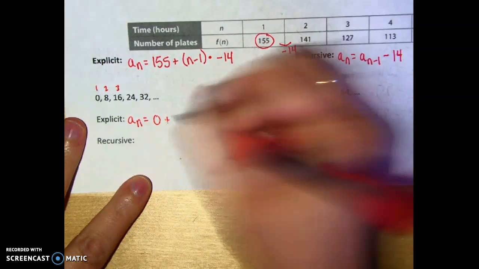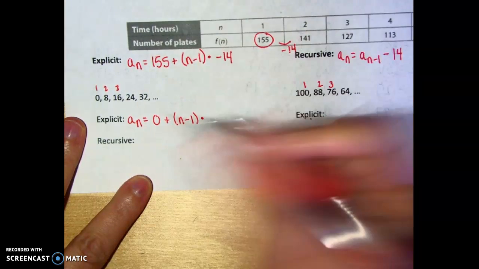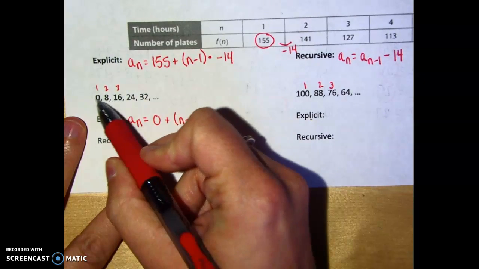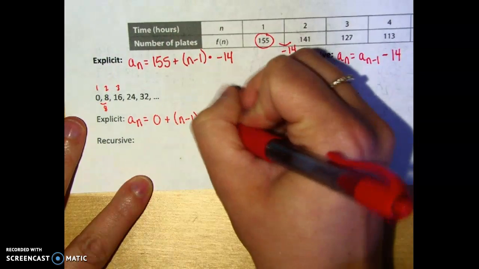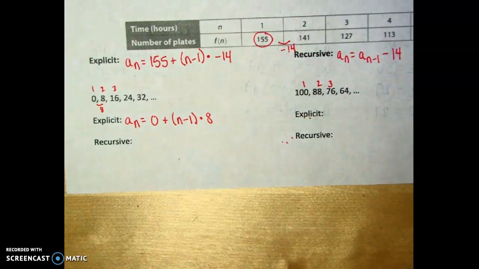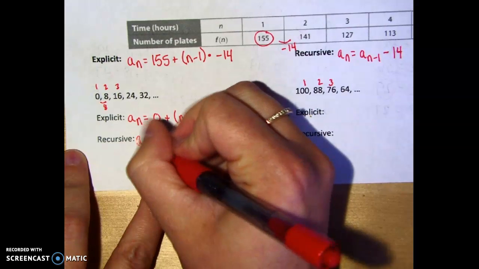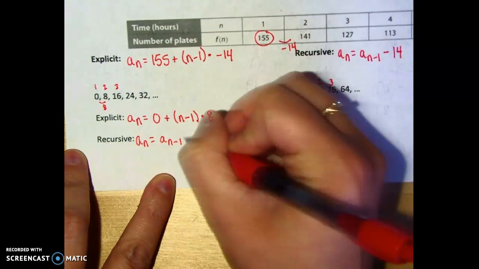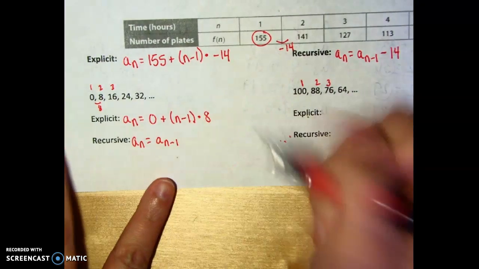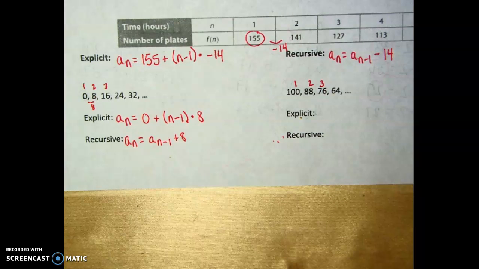Plus, and then inside parentheses, n minus 1, times, and 8 minus 0 is 8, so it's going up by 8 each time. So times 8. And then recursive, a sub n equals a sub n minus 1 plus 8. It's adding 8 each time.